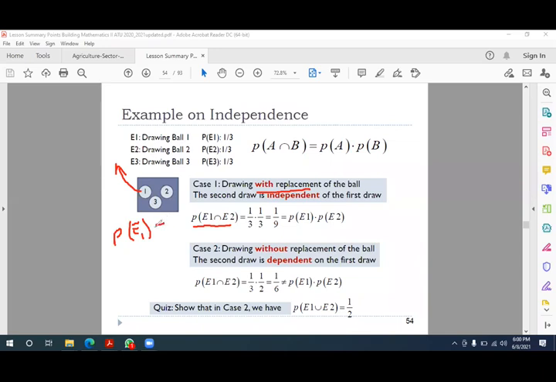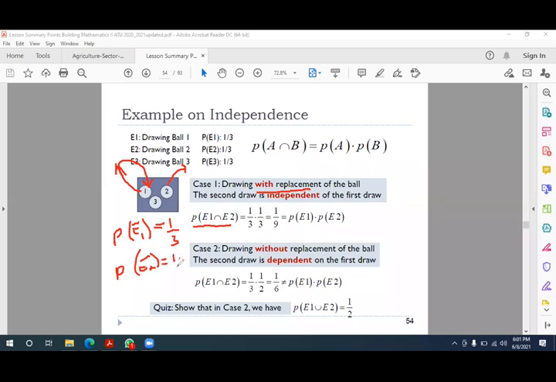We can all see that. Then because we are replacing the ball before we select the second one, we put the first ball back into the box. So it means that we will still have 3 balls before we select E2, event 2. So the probability of E2 also becomes 1/3.